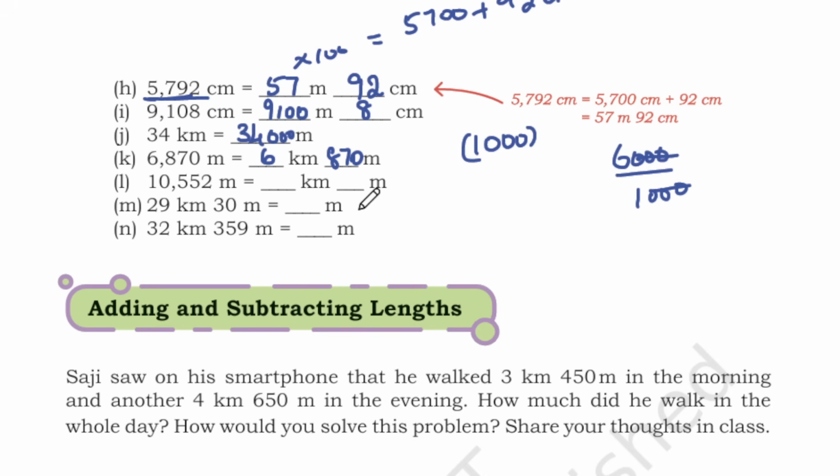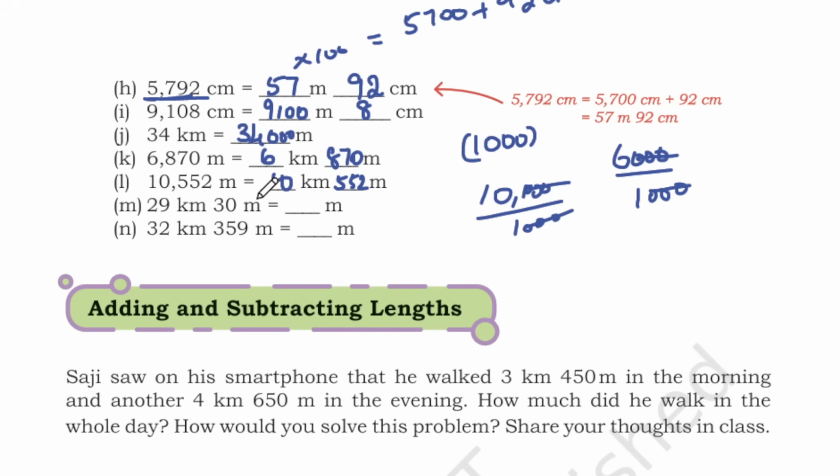Next you have 10,000 divided by 1000, three zeros gone. So it is 10 kilometers and 552 meters. You have 29 kilometers and 30 meters.